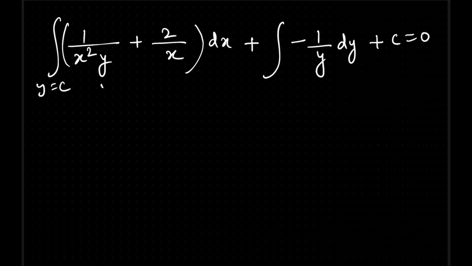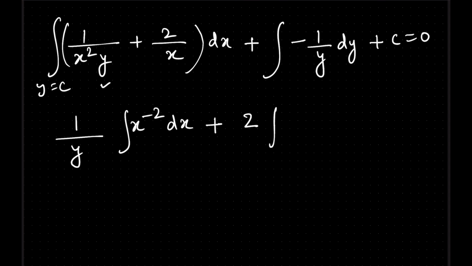So let's integrate. So here you have to keep y as constant. So let's bring y outside, and 1 by x square you have to integrate with respect to dx. So it will become x to the power of minus 2 dx integration. Plus if you see the second term, you will have 2 by x integration.